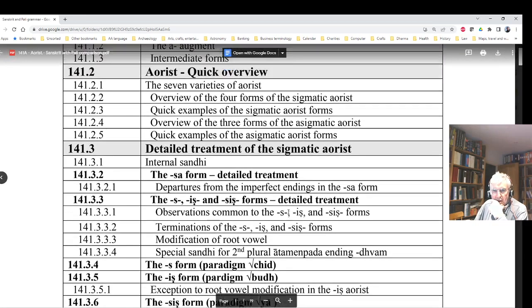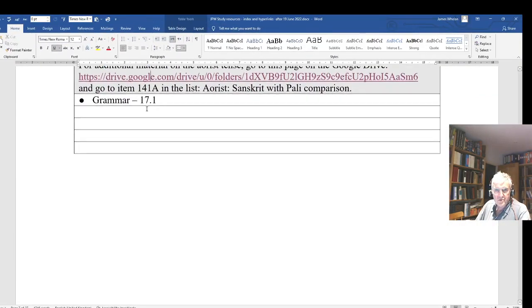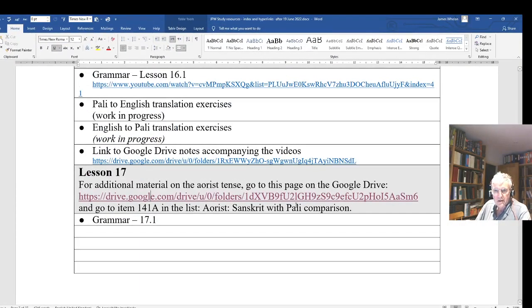I've put the link for it in the study resources sheet for lesson 17. So for additional material on the aorist tense, go to this page on the Google Drive, and I've given the Google Drive link.